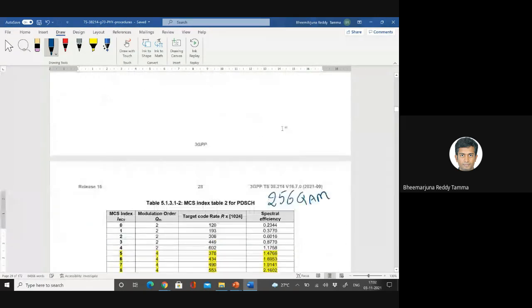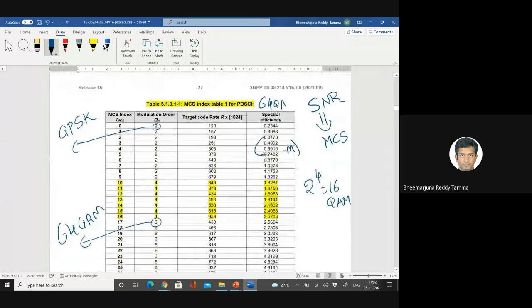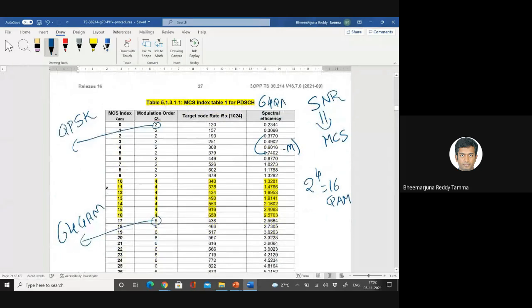So let me come back and show you what I wanted to highlight here. Let's look at the figure where I'm showing you MCS 10 to 16. These are different MCS which have 16 QAM as the modulation scheme, but they differ in terms of the coding scheme. Again, we use something called low density parity check codes.